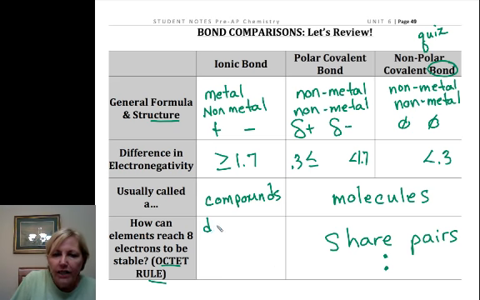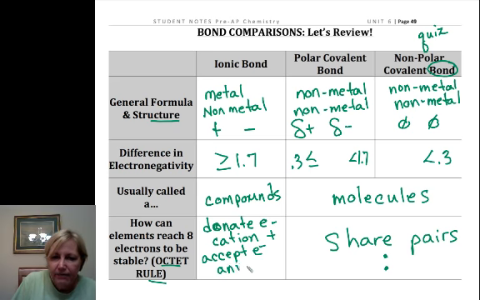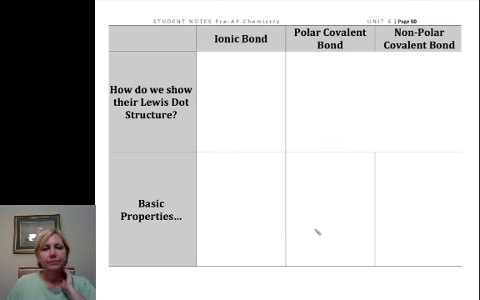Here, the metal is going to donate an electron to become a cation. Remember, the cation is positive, and the other will accept electrons to become an anion, and the anions, remember, are the negative ones. And metals tend to be your cations, and nonmetals your anions.